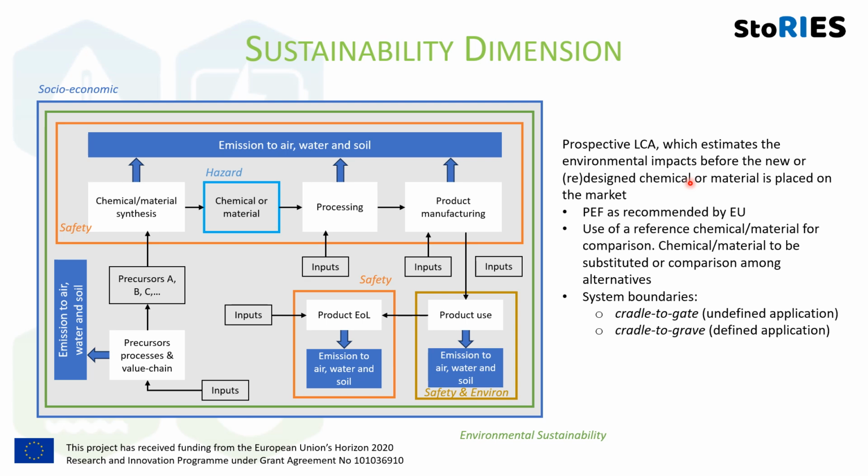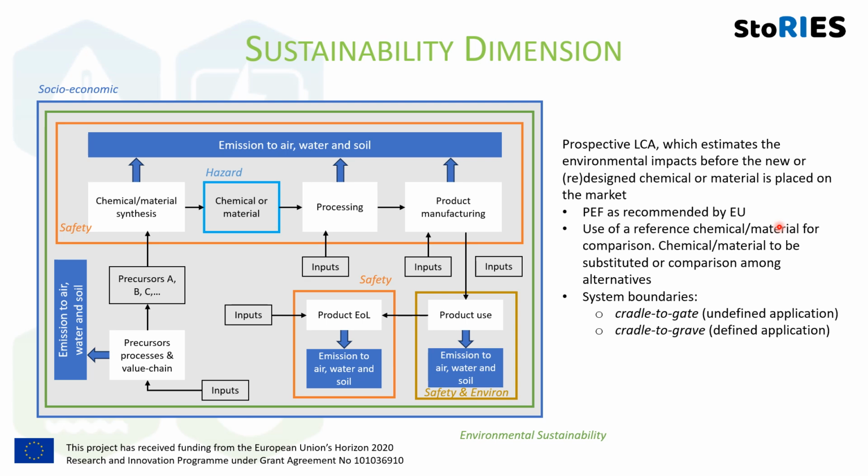Another recommendation regards the use of a reference chemical or reference material for the comparison, and in case there is not for this application already a reference, to make a comparative analysis between the different alternatives, of course.